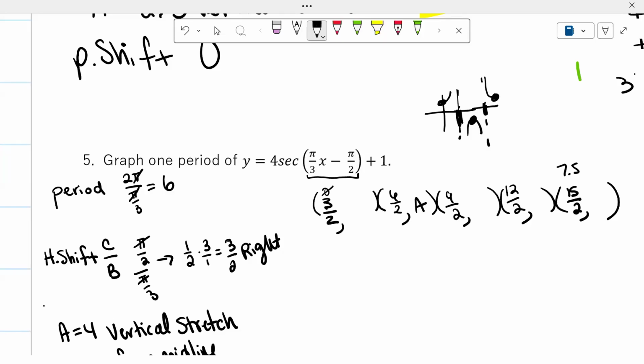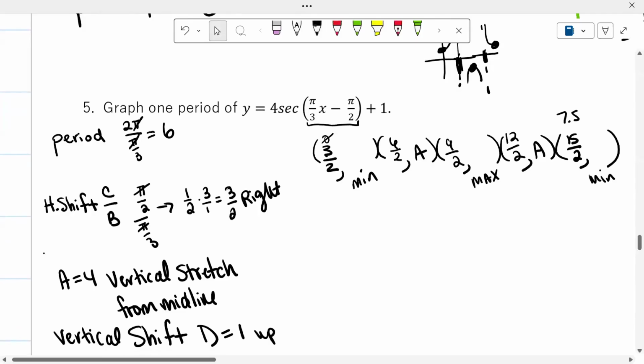Asymptotes are still going to occur here and here, right? Since our vertical stretch is just 4, this will still be a min of that U. This will still be a max of that middle U, and this will be a min of the one on the right end, okay?